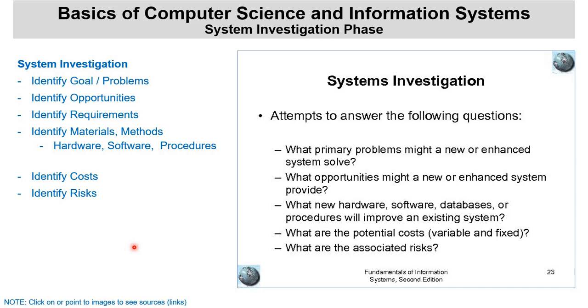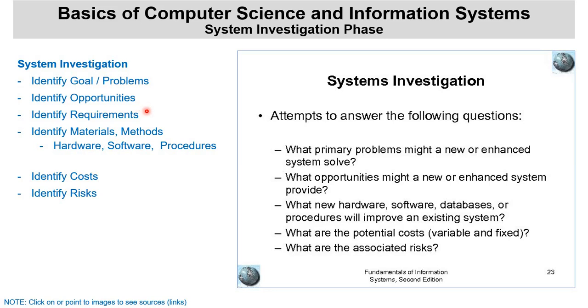This involves a business organization, whether existing or new, trying to identify what are the goals or problems that the system will solve, and also what are the opportunities, what do we get out of it, what other things does it provide for us.